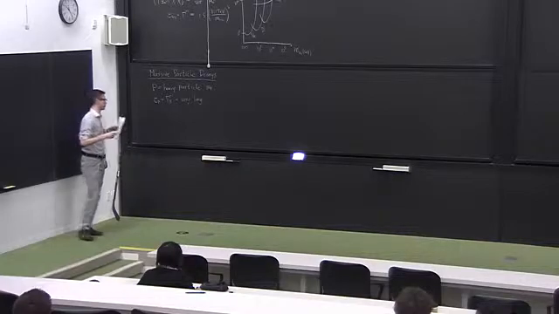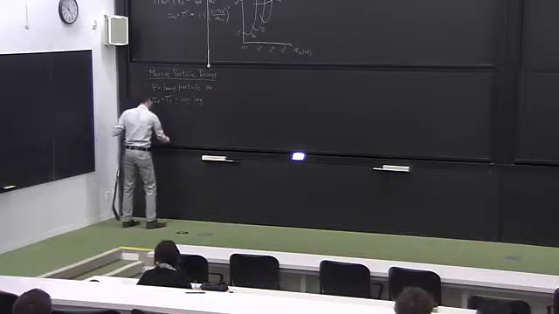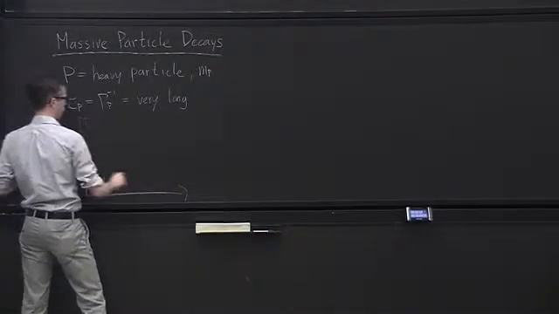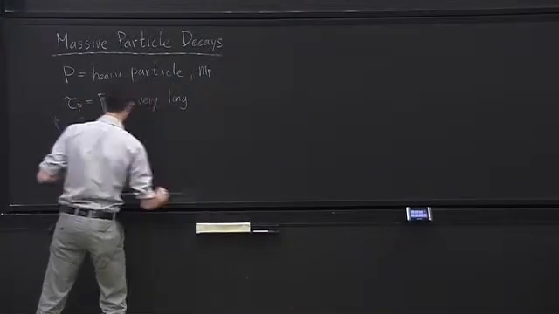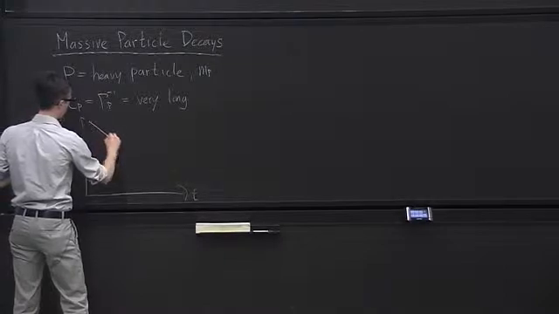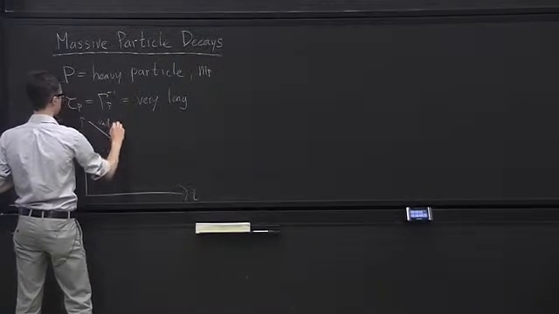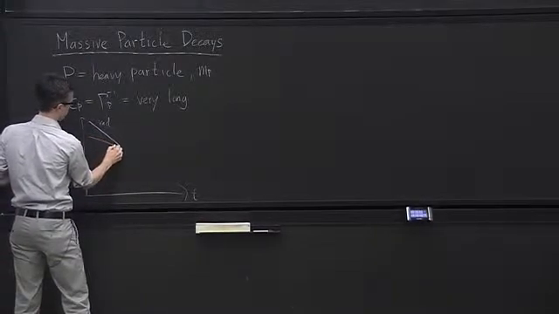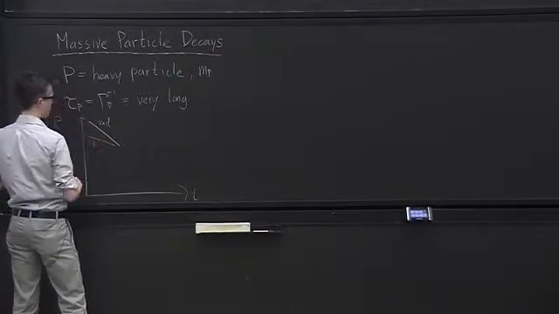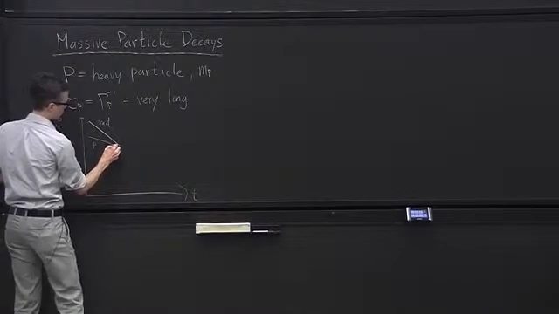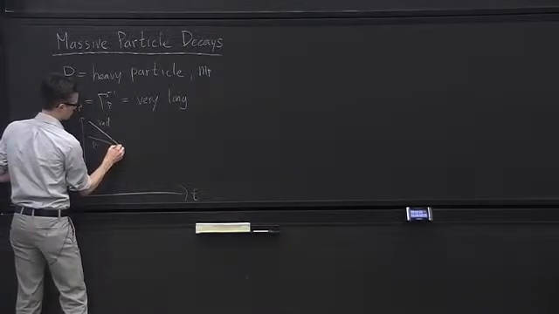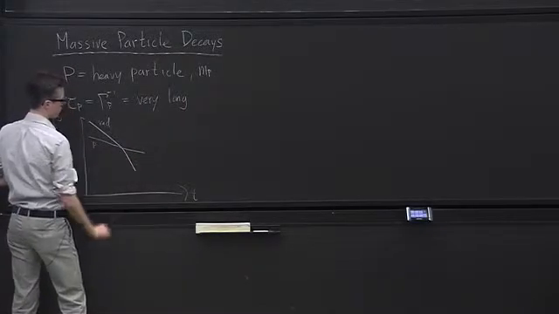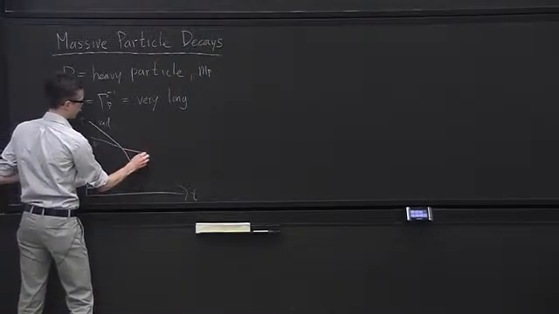So the very rough picture is that if I plot the various energy densities versus time, I start off with radiation, but I also have some P density, and the P density redshifts more slowly. So this is my P density. And if I wait long enough, the P density can come and dominate the energy density of the universe. But it can only dominate until it decays.